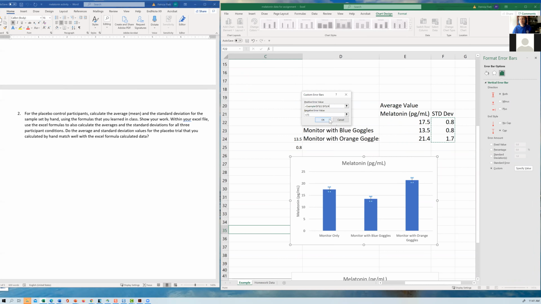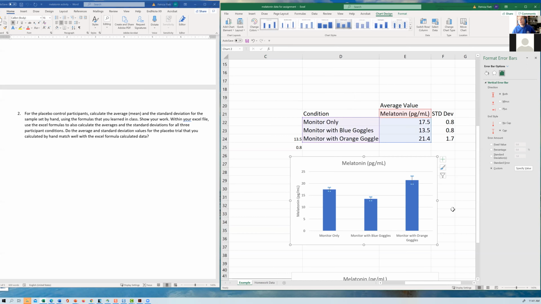Well, and you have to do that for the positive and the negative. I almost missed that, right? So this area, you need to select that as well, right? Because the error is plus or minus above and below the average value, right? So you can be varying around it.